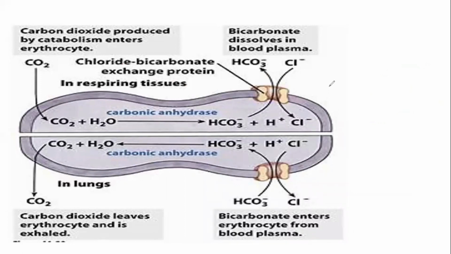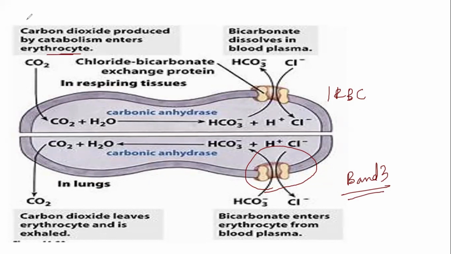Okay, now look over here. So this is one RBC we are talking about. On the RBC you have this bicarbonate chloride exchanger, which is nothing but your band 3. Now what is happening? See, carbon dioxide, which is produced by catabolism, enters the erythrocyte.